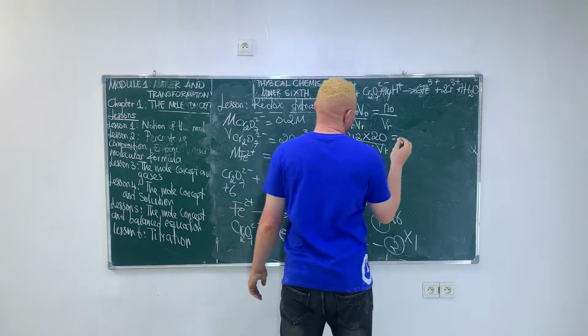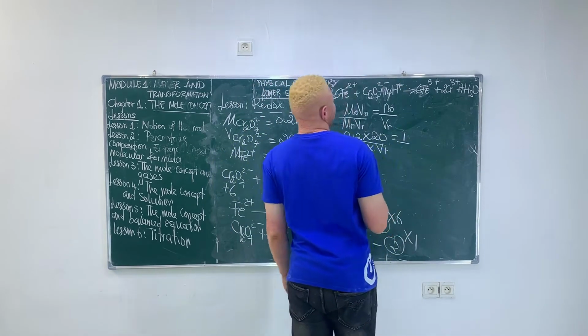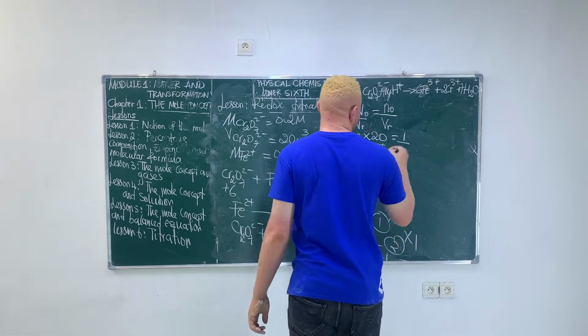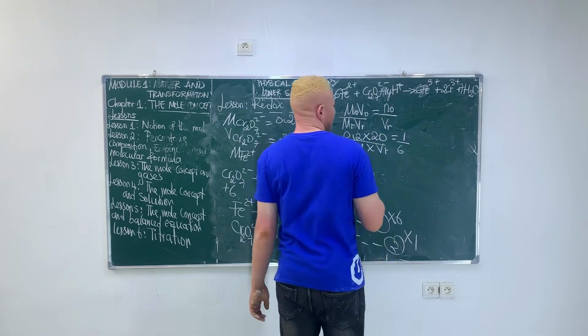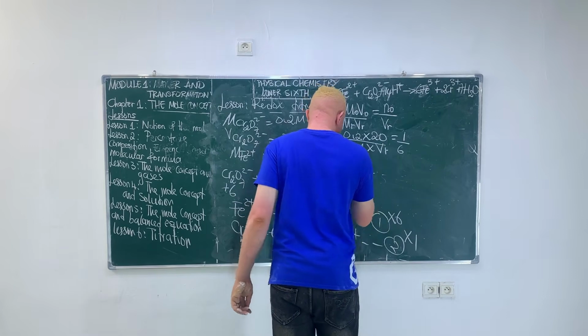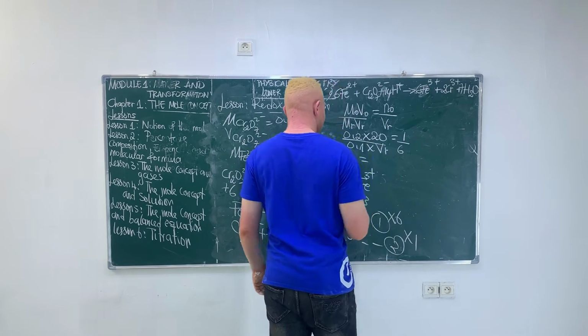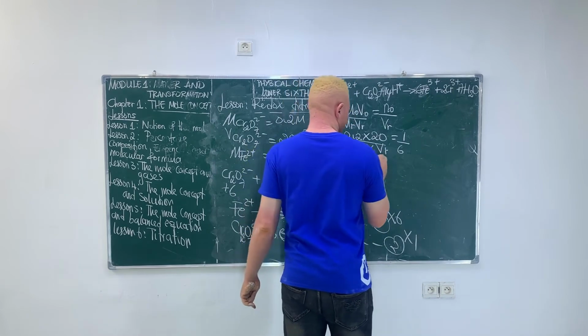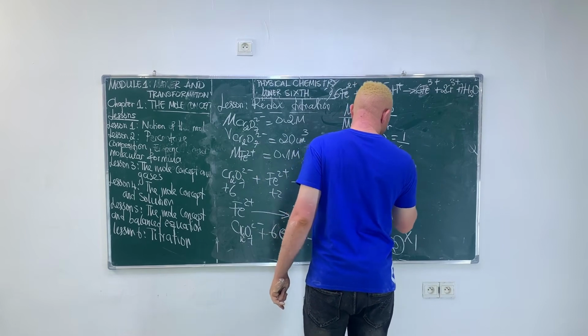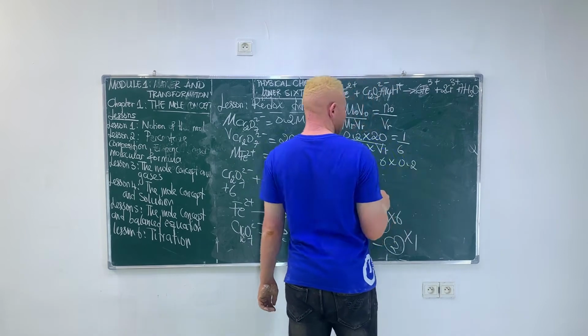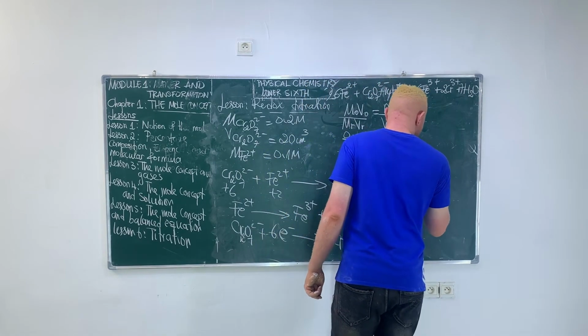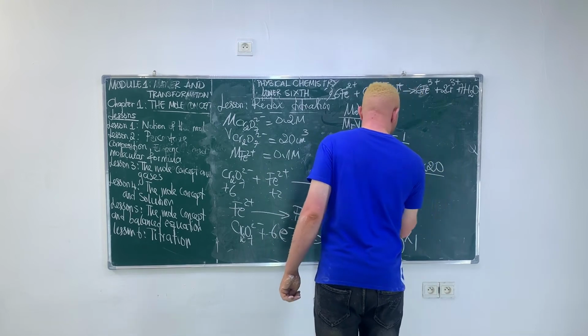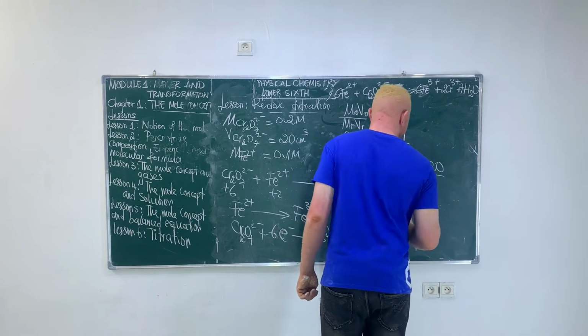In front of the oxidizing agent is 1, in front of the reducing agent is 6. We make VR the subject of the formula. VR equals 6 times 0.2 times 20, all divided by 0.1.